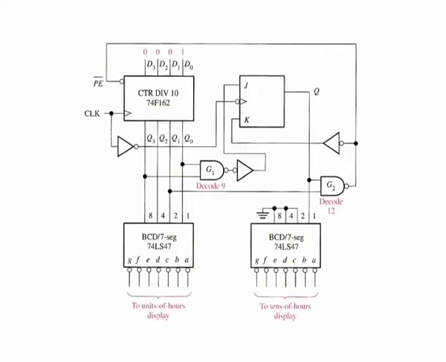On the next clock pulse, the decade counter is preset to state 1 by the data inputs and the flip-flop is reset, that is J equals 0 and K equals 1. As you can see, this logic always causes the counter to recycle from 12 back to 1 rather than back to 0.